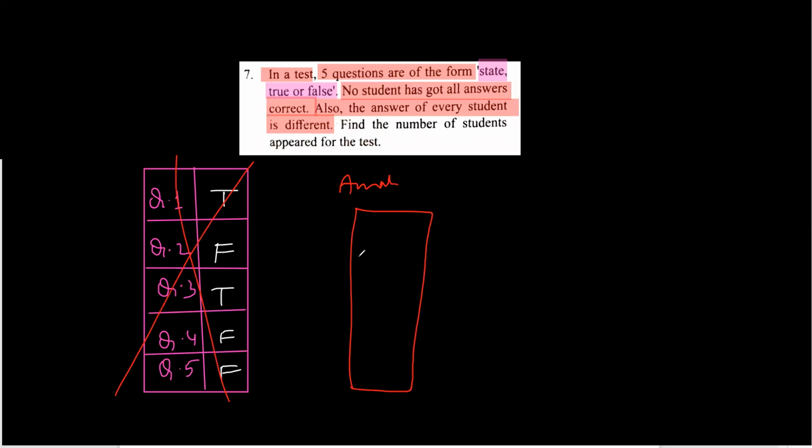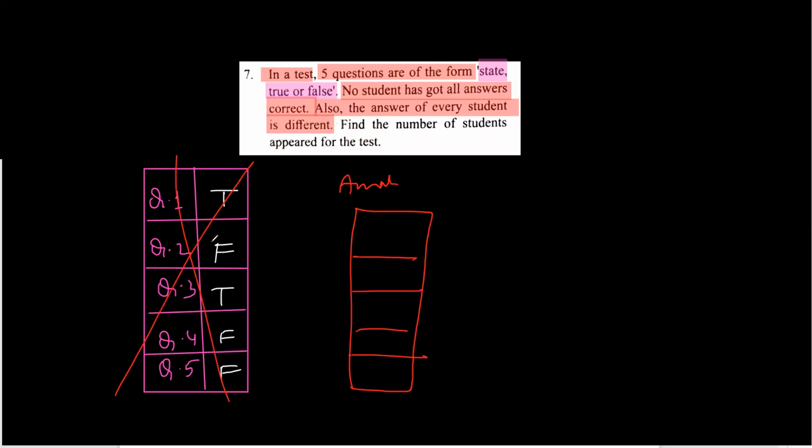Now let's go ahead. What is next? It says also the answer of every student is different. Not only that, they are saying the answer is also different. Say this nobody wrote, and second, Amar. The sequence of Amar is not this.